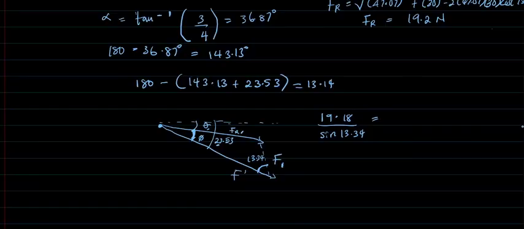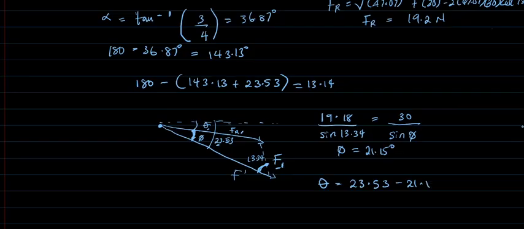Now equals to this angle, which is going to be 30, which is F1, over sine of this phi. Phi, if you make a substitution in the formula, is going to be equal to 21.15. Now to get theta, we can simply say 23.53 minus 21.15 degrees equals 2.37 degrees.